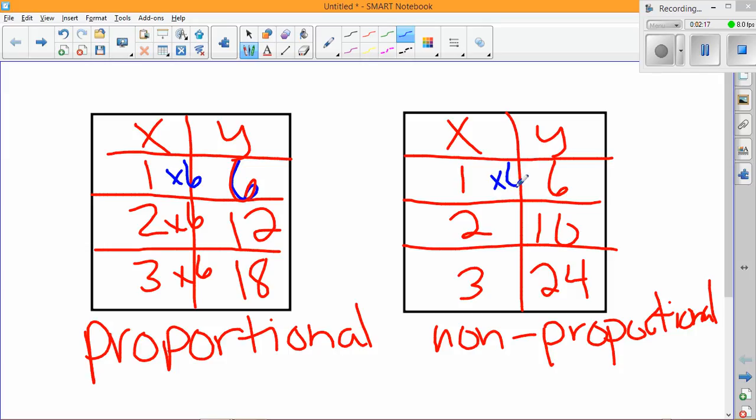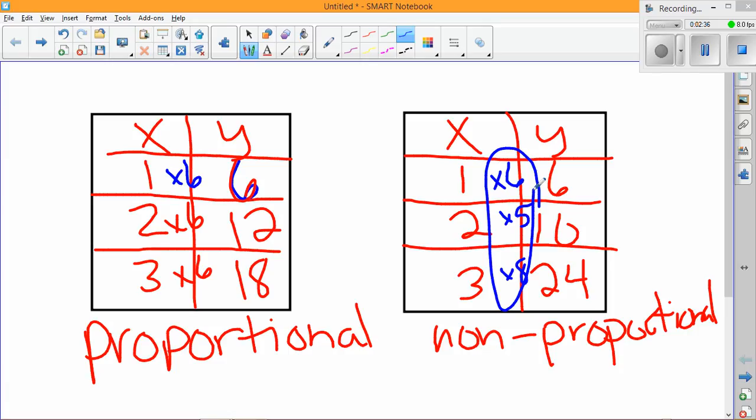But in the second one, the constant to get from 2 to 10 is 5. And then the third, to get from 3 to 24, is 8. So since the constants, the constant of proportionality, are not the same, it is a non-proportional relationship.